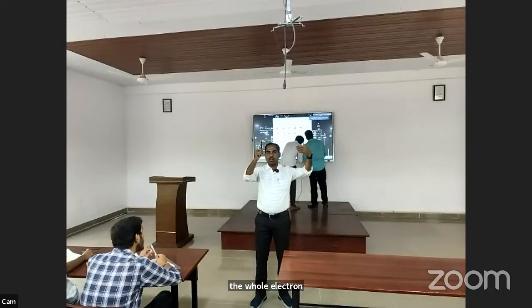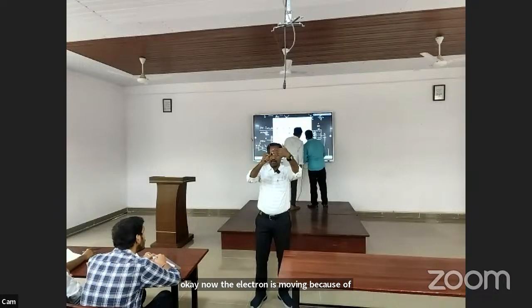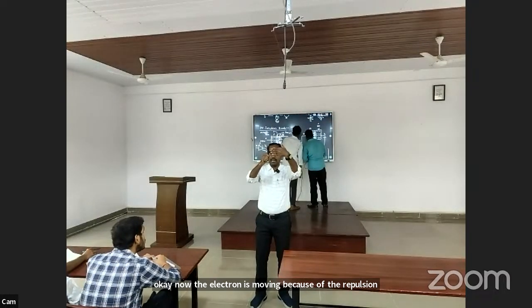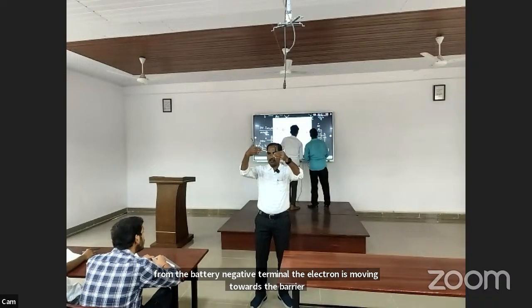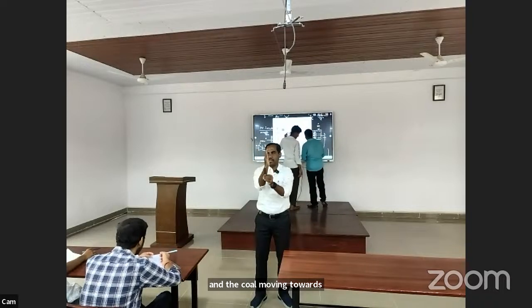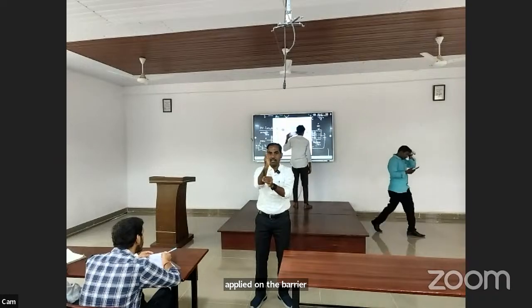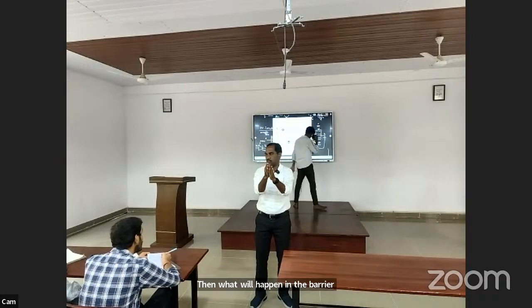Now the electron is moving because of the repulsion from the battery's negative terminal. The electron is moving towards the barrier, and the hole is moving towards the barrier. Now pressure is applied on the barrier. Then what will happen to the barrier? The barrier width will decrease.